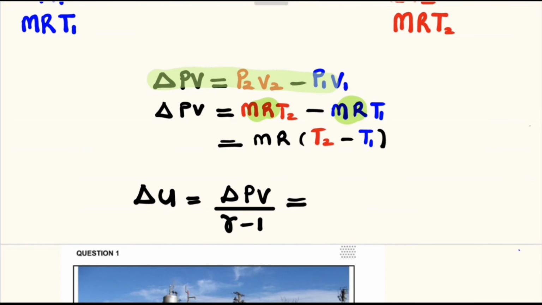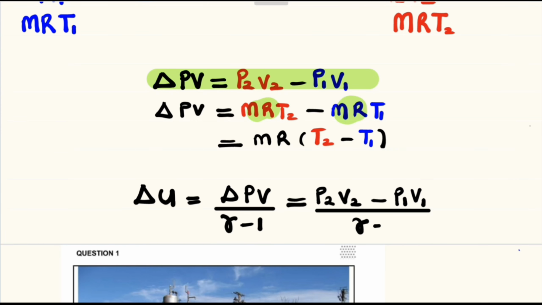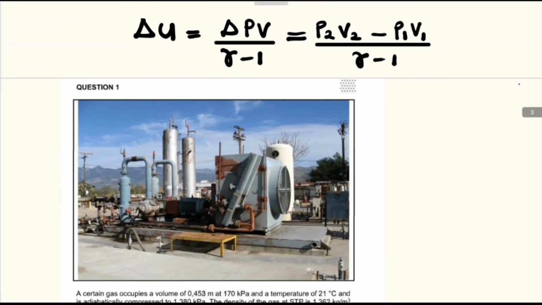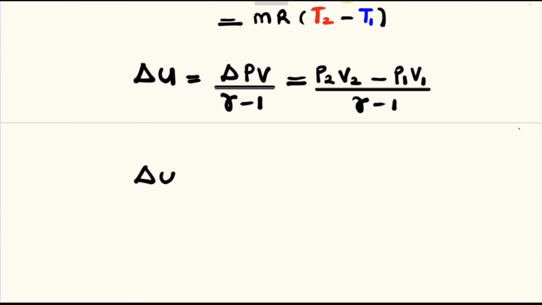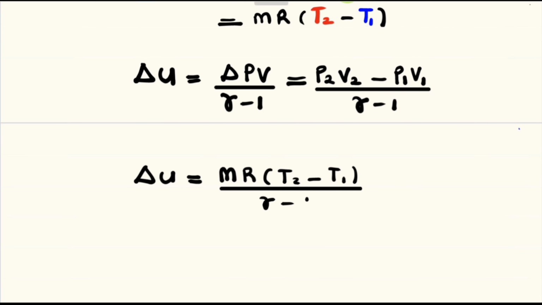So it's either we use P2 V2 minus P1 V1 divided by gamma minus 1, or to determine the change in internal energy, we can use M multiplied by R into T2 minus T1, which will also be divided by gamma minus 1.